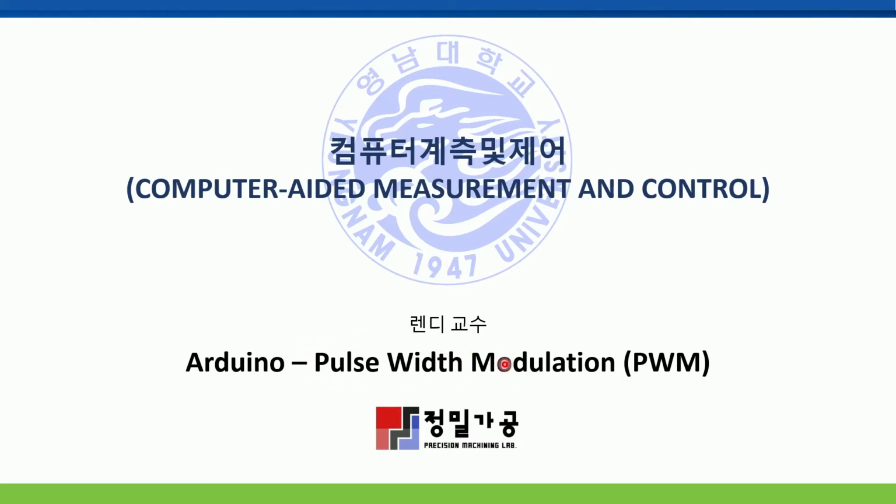With pulse width modulation, we are going to generate an average voltage, or what we call the output voltage, before we discuss the servo motor or DC motor in the next lecture. So I think pulse width modulation is very important for you before we go to servo motor and DC motor.